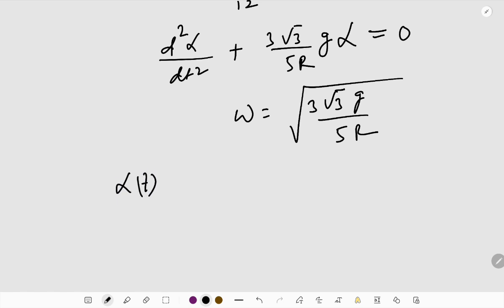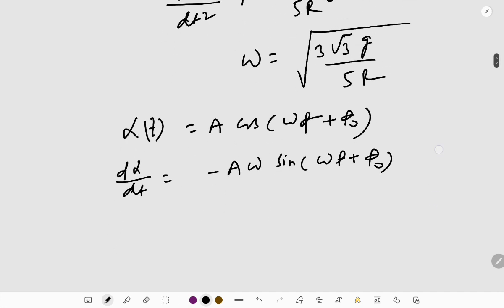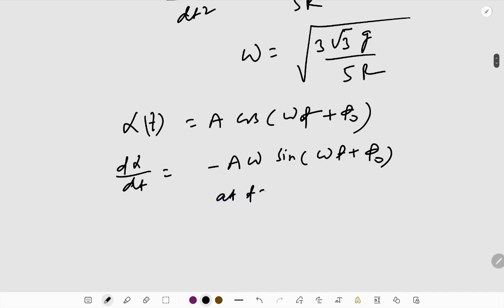Alpha in terms of t is a sine or cos of omega t plus phi naught. If you wish, you can differentiate it once again so that d alpha by dt equals minus a omega sine of omega t plus phi naught. At t equals 0, the initial conditions of motion were that alpha was equal to alpha naught.